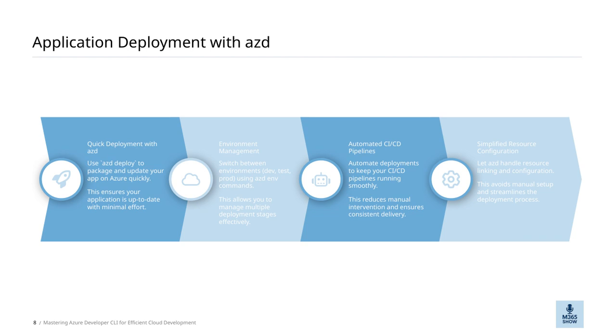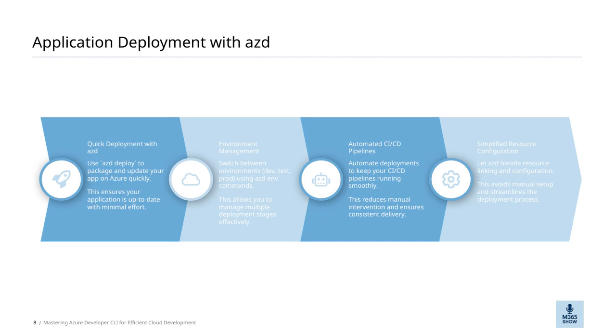Next, let's talk about automating your deployments to keep your CI/CD pipelines running smoothly. With ASD, you can set up automated workflows that deploy updates seamlessly. This reduces manual intervention, which means fewer mistakes and faster delivery cycles. It's all about making your development and deployment process as efficient as possible.